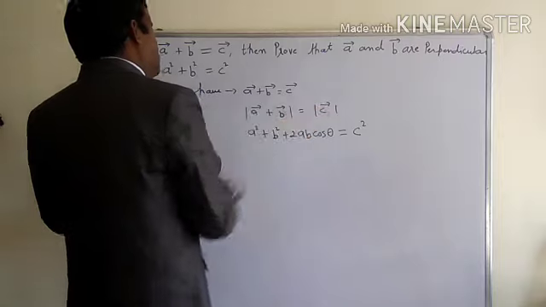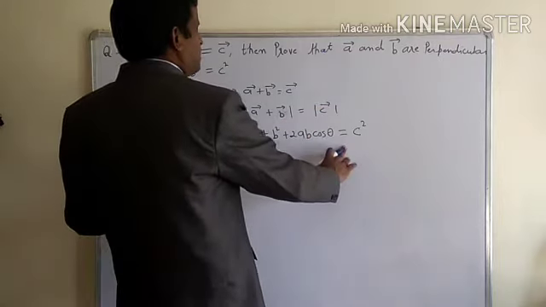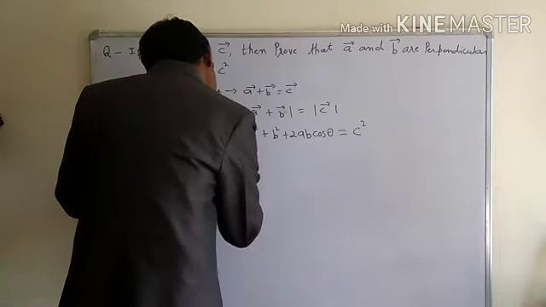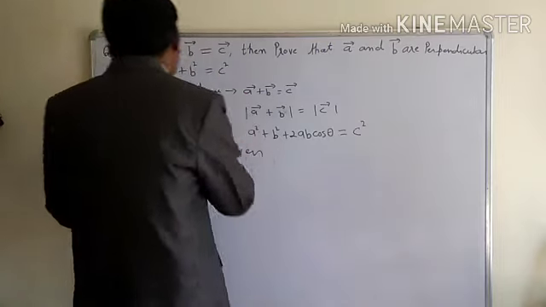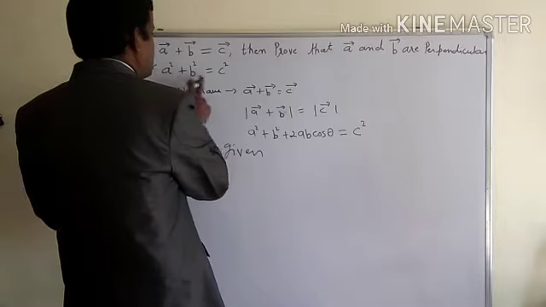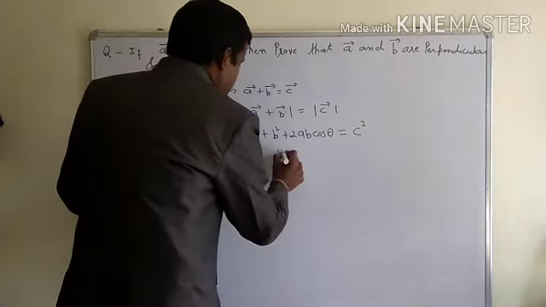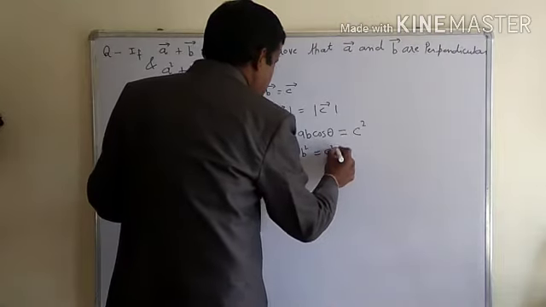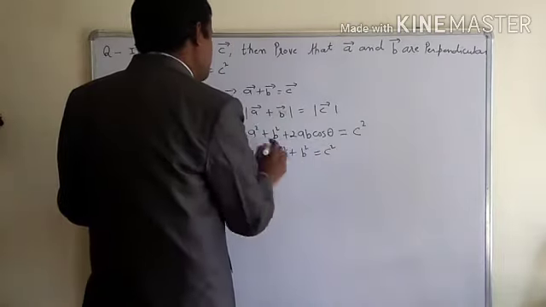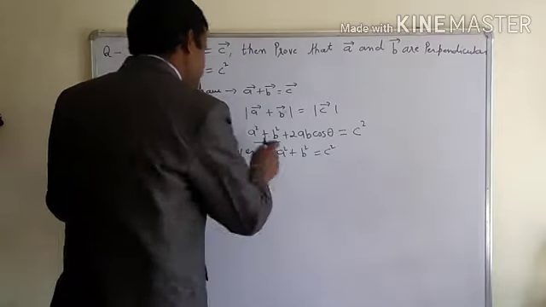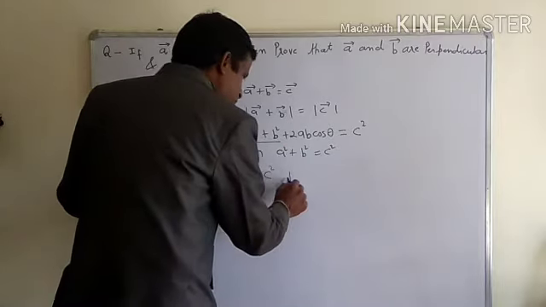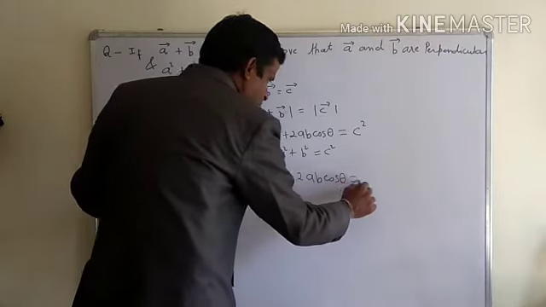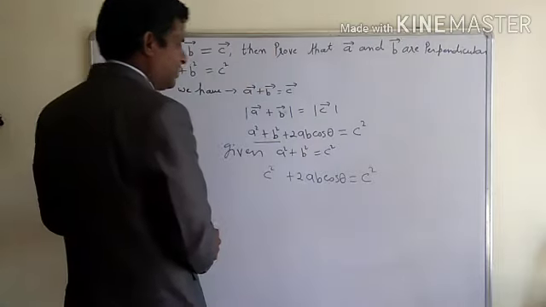It is given that A square plus B square is equal to C square. Now using this value over here we will write C square plus 2AB cos theta is equal to C square.